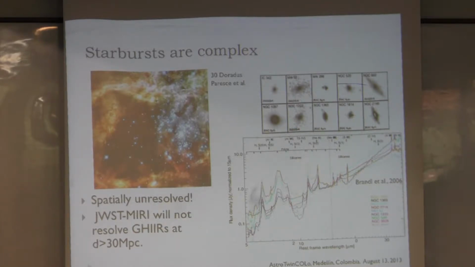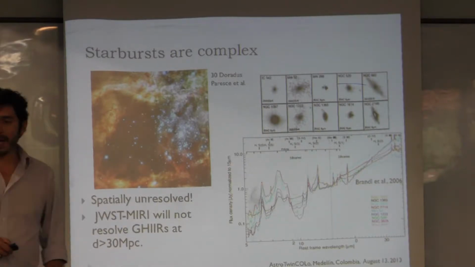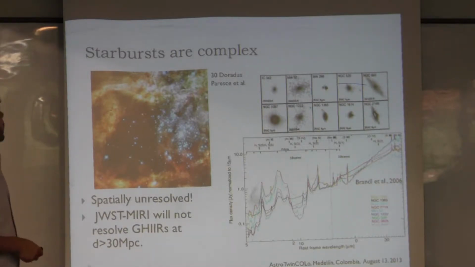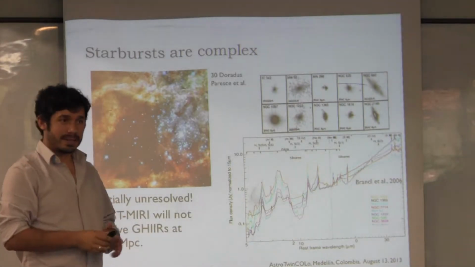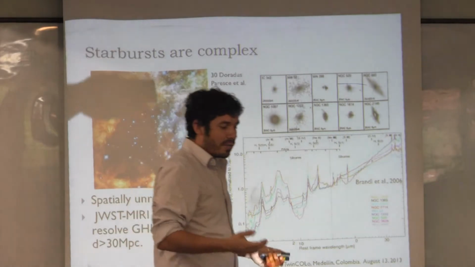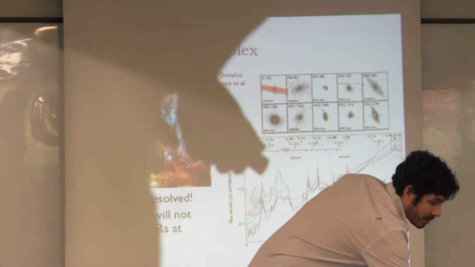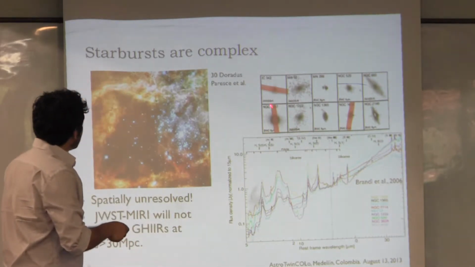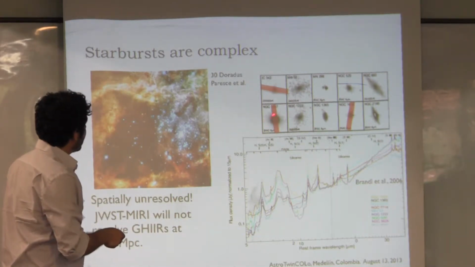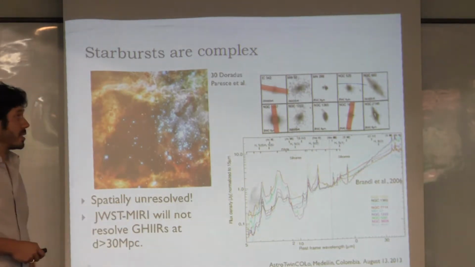When you look at galaxies, it's even more complicated, because if you try to take a spectrum, and this is an example from one of Werner's papers, of starburst galaxies, you need to put a slit in front of the galaxy and produce the spectrum. For many of these systems, the size of the slit, as you see there, pretty much encompasses all the galaxy, like in this case, or most of the galactic nucleus, where most of the star formation is happening.